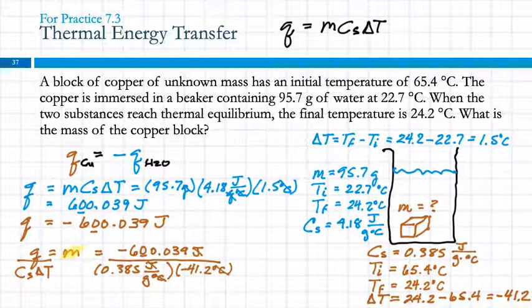So it's your calculator: you put in minus 600.039 divided by 0.385 divided by negative 41.2, and I'm going to get 37.82. I should have two significant figures because of this temperature change, and that's grams, so that would round to 38 grams.